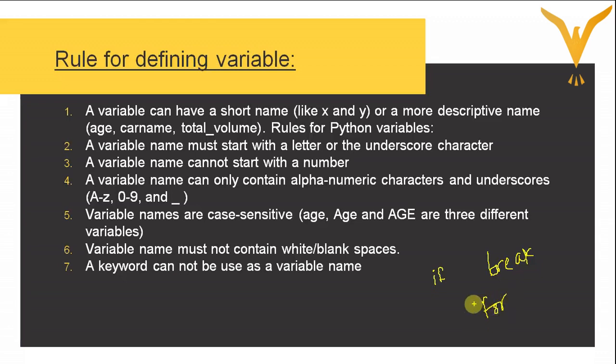So you cannot use those keywords as a variable name. That means you cannot write for is equal to 101. No, you cannot write this. Why? Because for is a keyword. There are various keywords like if, for, break, while, continue. ओके, so ऐसे बहुत सारे keywords हैं जिसको हम लोग as a variable name use नहीं कर सकते.